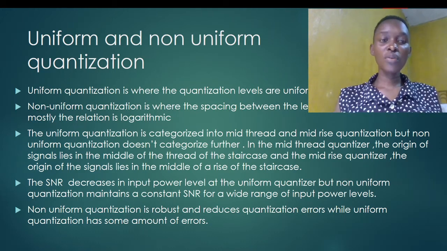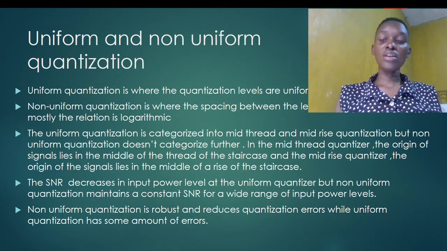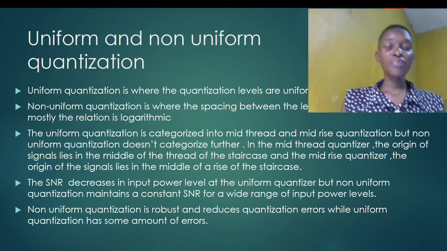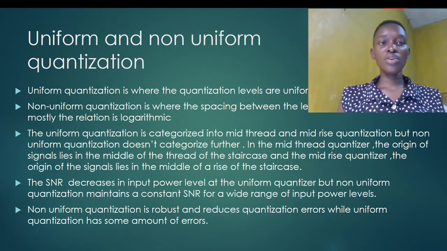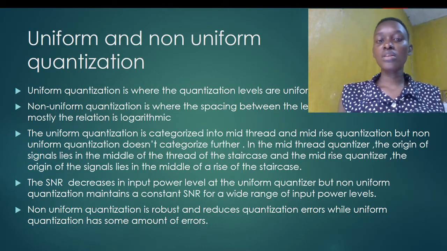Non-uniform quantization is also known to be robust and reduces quantization error, and uniform quantization has some amount of error. Then uniform quantization is categorized into mid-tread and mid-rise quantization, while non-uniform quantization is not categorized further.